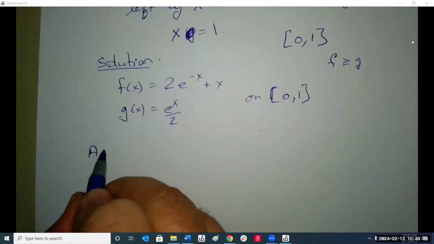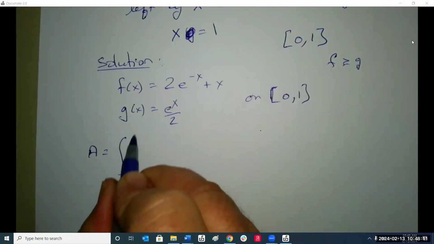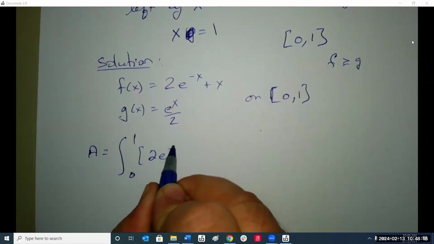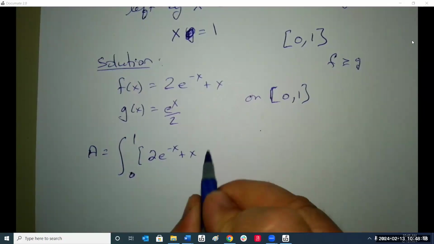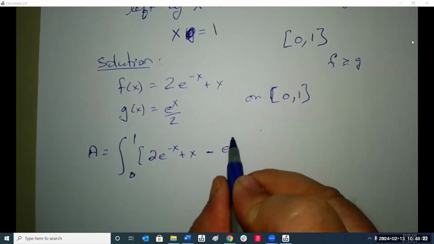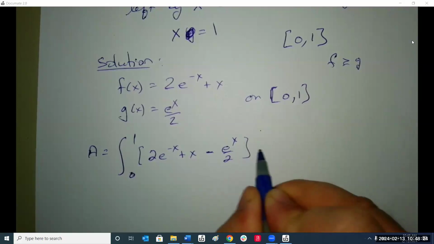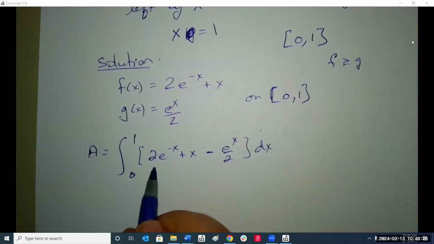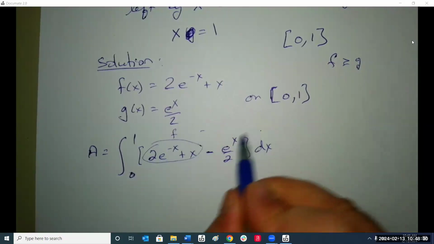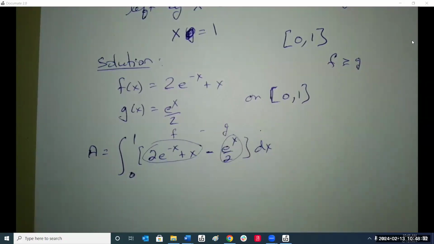So the area is the integral from 0 to 1 of 2e to the negative x plus x minus e to the x over 2 dx. This is f minus g.